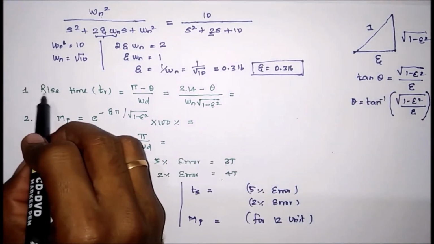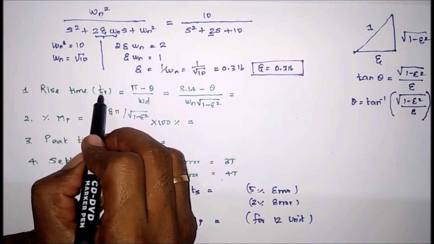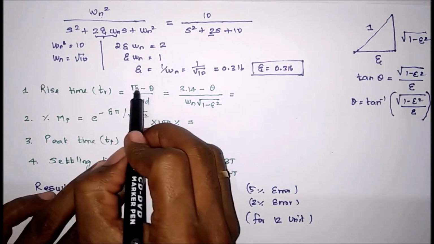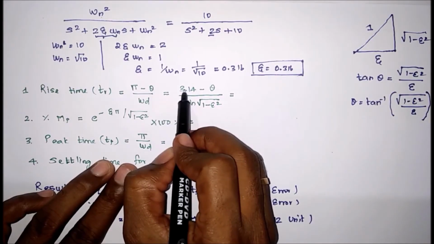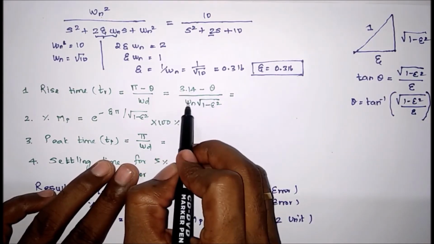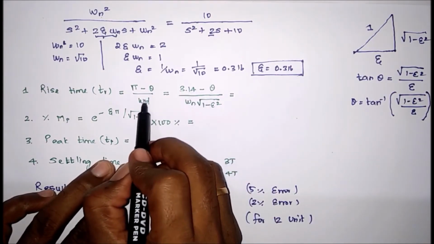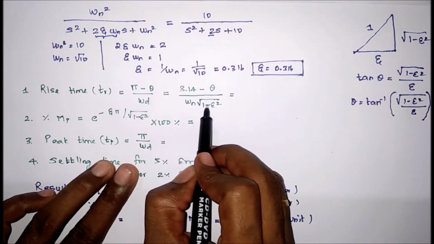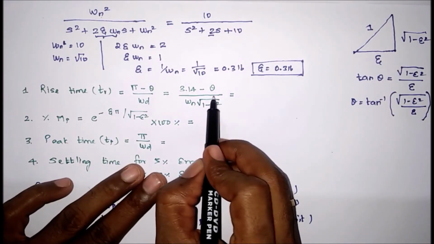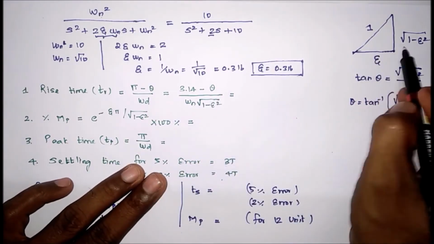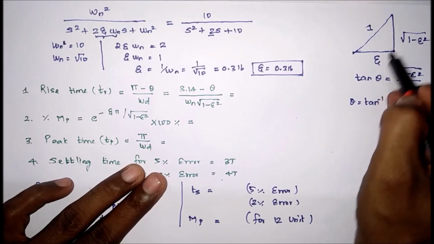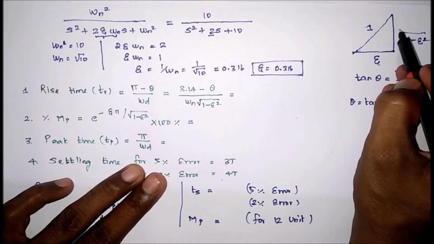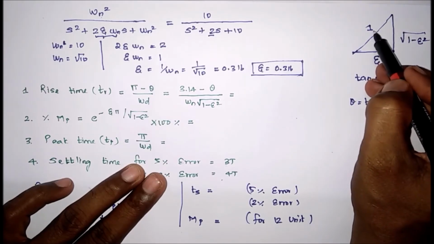Next, we know rise time tr equal to pi minus theta divided by omega d. Pi in terms of radian is 3.14, minus theta, divided by the damped frequency of oscillation omega d, equal to omega n into square root of 1 minus eta square. Consider a right angle triangle: if this is eta, this is square root of 1 minus eta square, and this is 1, these are the opposite side, adjacent side and hypotenuse.